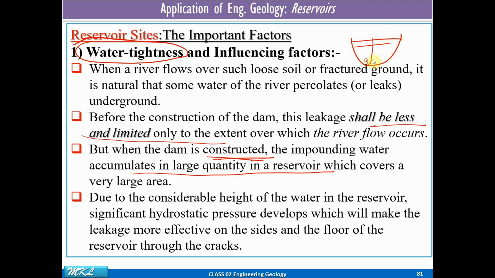The hydrostatic pressure will be developed like rho g h, or hydrostatic pressure will increase depending on the height of the water, and there is a chance that कोई small सा opening होगा तो उसको बड़ा कर देगा और उसमें water leakage ज़्यादा हो जाए. So you have to control, you have to mitigate all these problems. Okay, so the significant hydrostatic pressure will develop, which will make the leakage more effective on the sides and floor of the reservoir through the cracks.